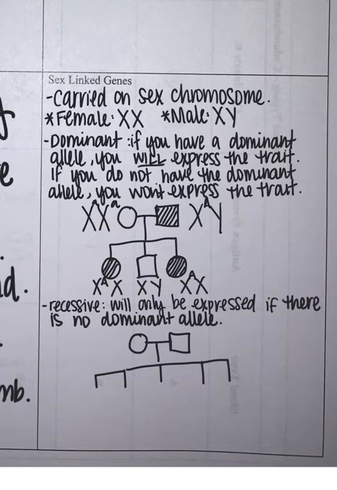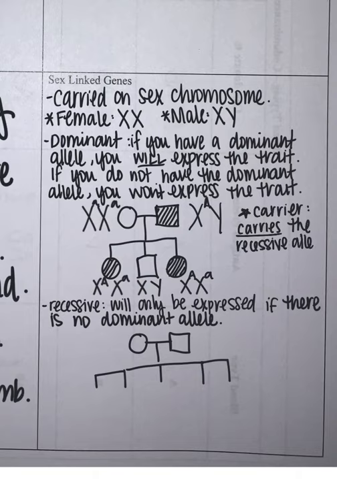The second X they get from their mom, which is going to be a recessive one. That would make them carriers. A carrier is somebody that carries the recessive allele but does not express it.